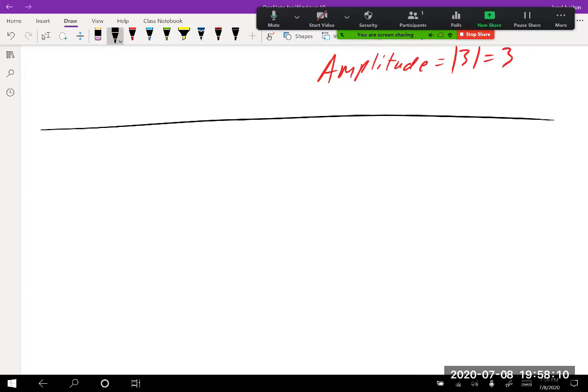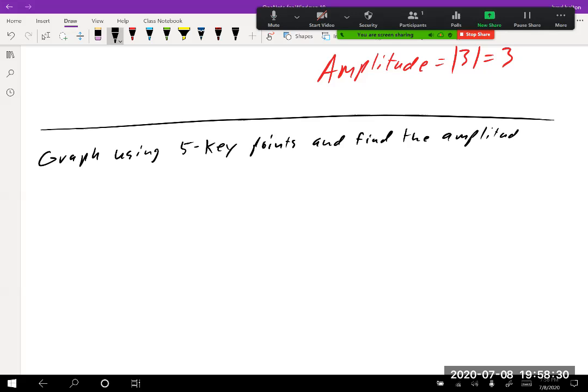Okay, so let's try another one. Let's try to graph using 5 key points and state the amplitude.